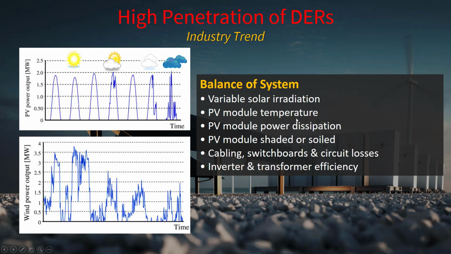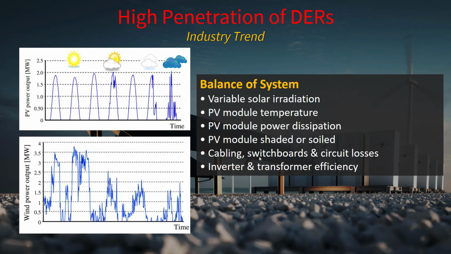Variability in the solar irradiance, the variability of the PV module temperature, the module power dissipation, shading or soiling, cabling, switchboard and circuit losses, as well as inverter and transformer efficiency have an overall effect on the real power output of the PV or wind turbine that are distributed throughout the feeder, and therefore they have a different or intermittent demand on the voltage and reactive power controlling capability as well.